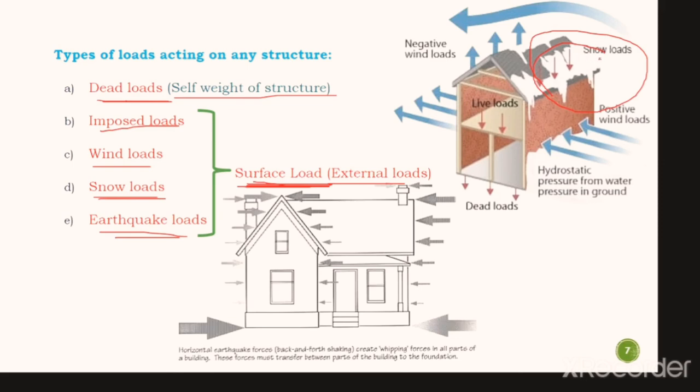So this snow load which is being applied on the roof is known as snow load. So what is the value of the snow load? The value of the snow load will be equal to the self weight of the snow.